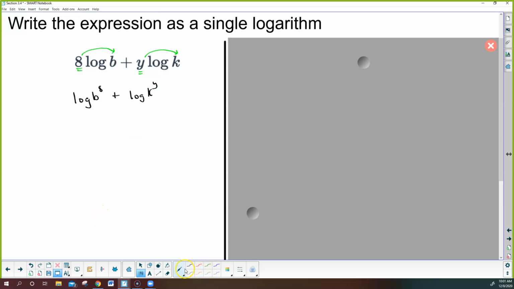Okay? And then I've got the addition of two logs that have the same base. And that's the key, they have to have the same base. They both have that 10 base that we don't need to write. So if I have addition, addition came from the product.